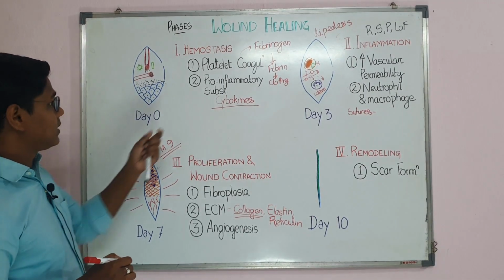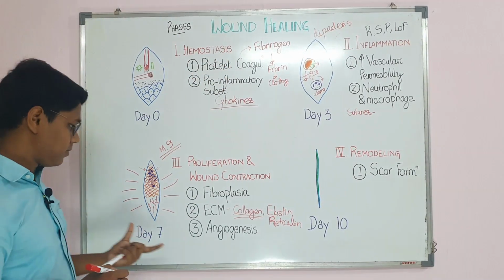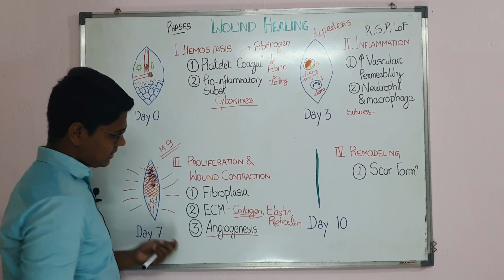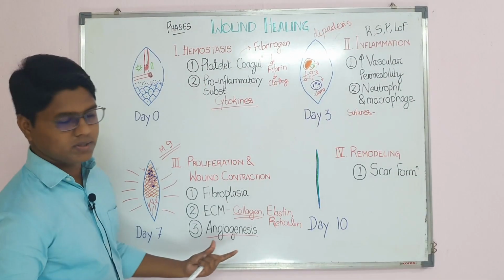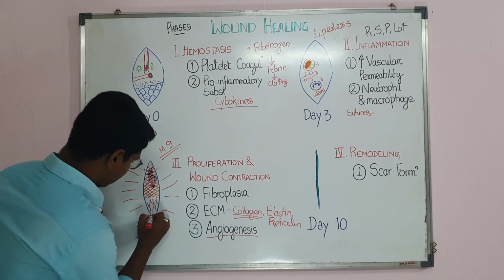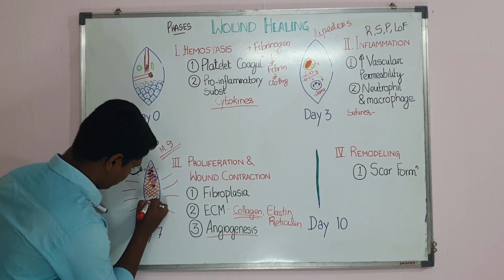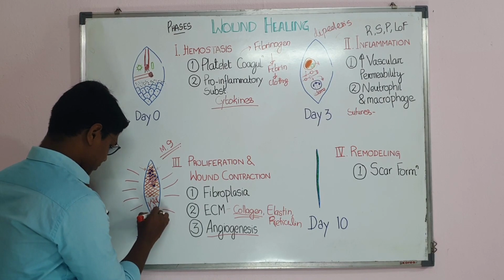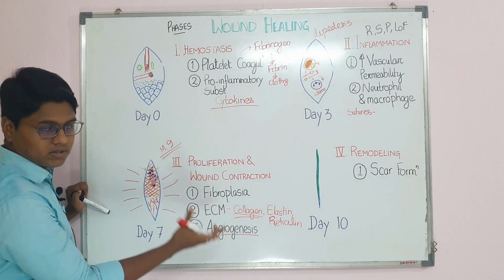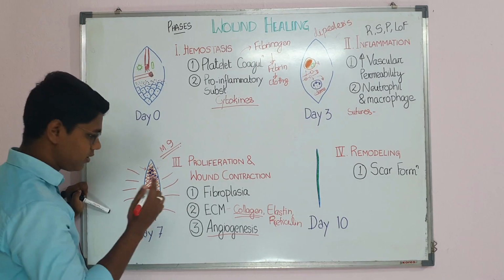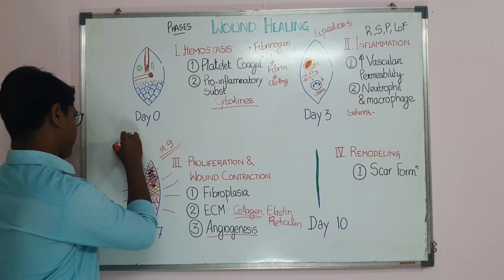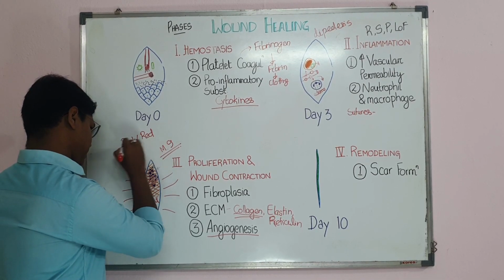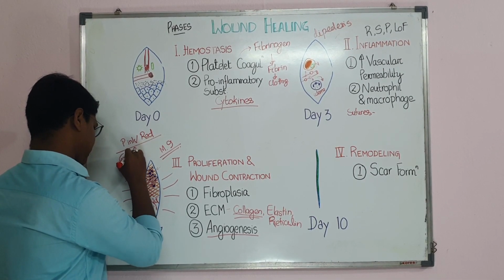Okay, so there was hemostasis. Formation of new blood vessels is angiogenesis. So there will be formation of new blood vessels to this area, and remember this tissue, the fibroblasts, the extracellular matrix and the angiogenesis, they look pink or red in color, and this is also known as the granulation.